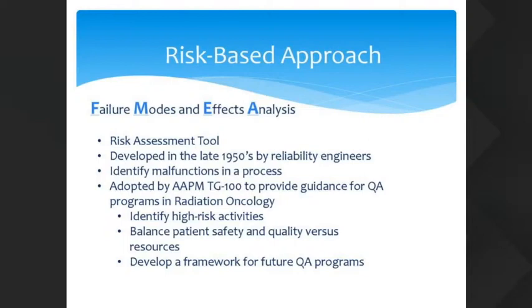The FMEA identifies high-risk activities that result in a balance of safety and quality versus resources that are available: equipment, software, personnel, and organizations. Finally, these high-risk activities are used to develop some sort of guidelines or framework for a QA program.